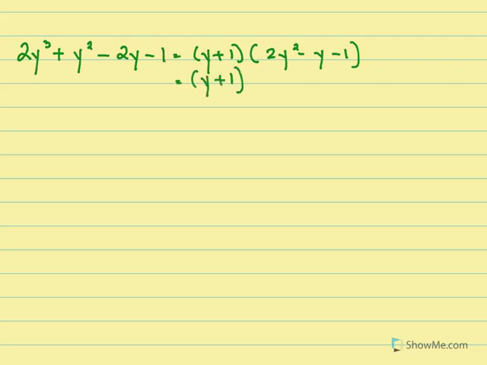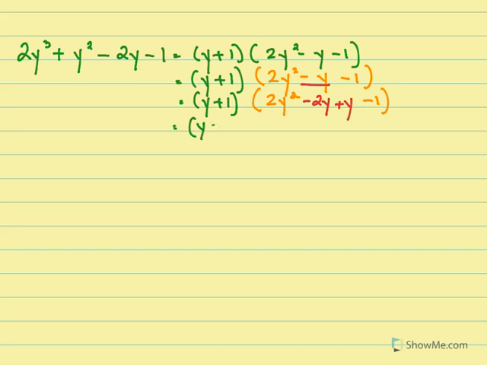We have to do the middle term split of 2y square minus y minus 1. So here we have y plus 1. 2y square, I'm going to do the middle term split of minus y, and the split of minus y is minus 2y plus y minus 1.